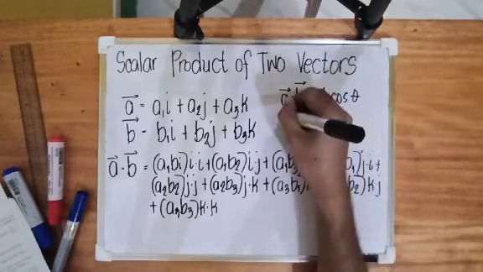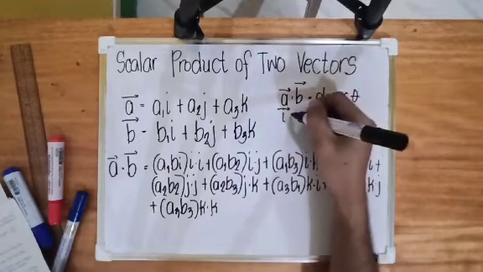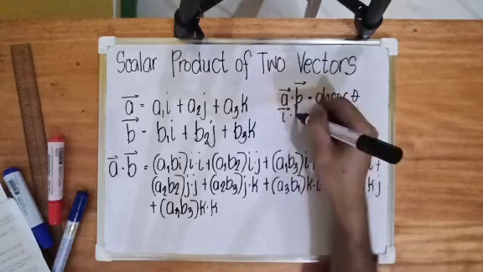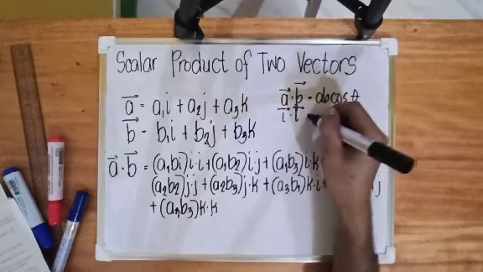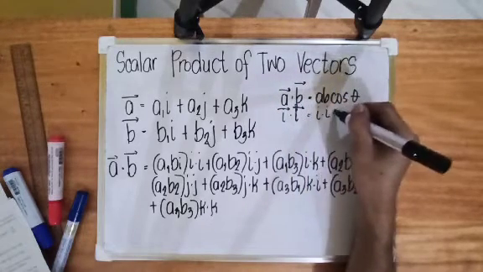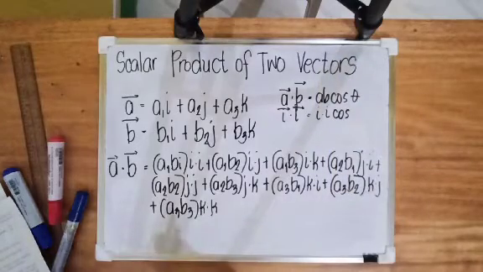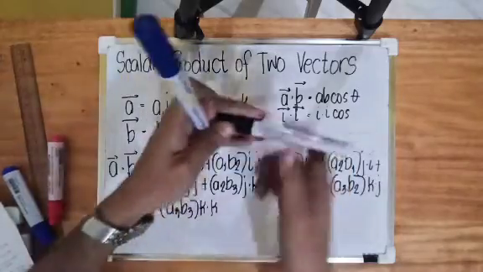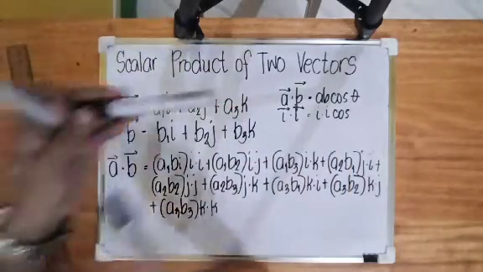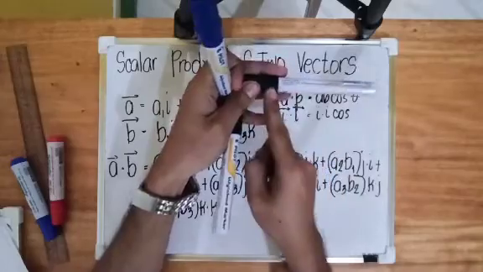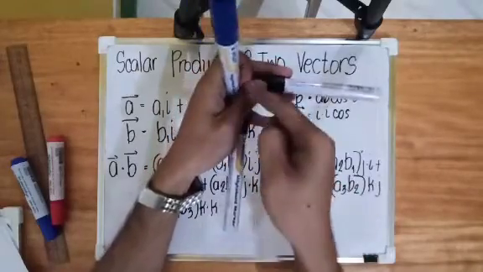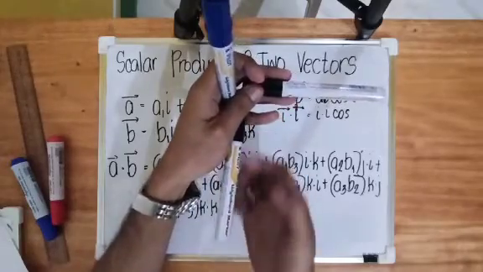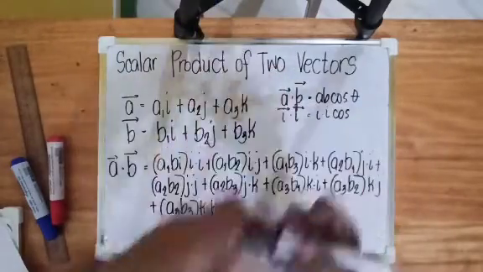If we have here vector I and also vector I, so I times I cosine of the angle. If we have J, I, and K, for I times I the angle doesn't change, so it is 0.